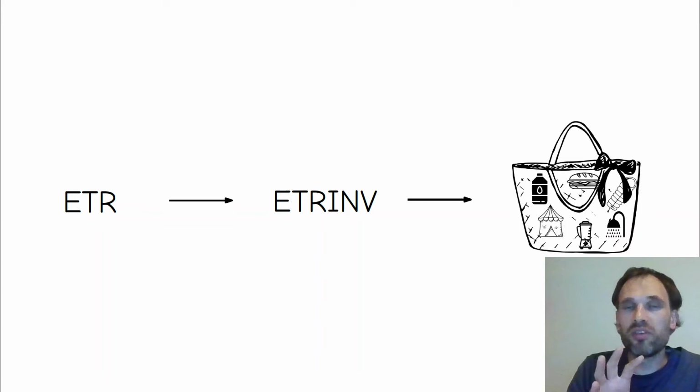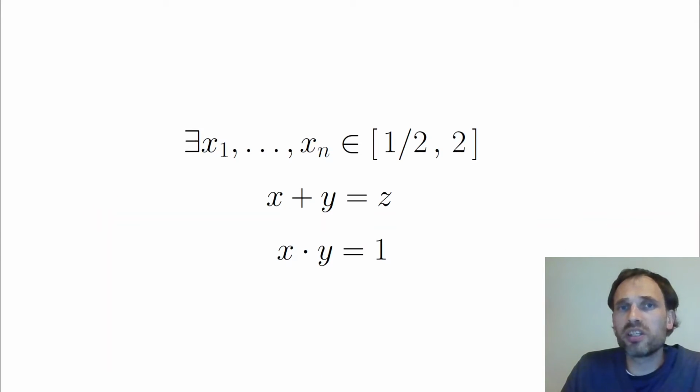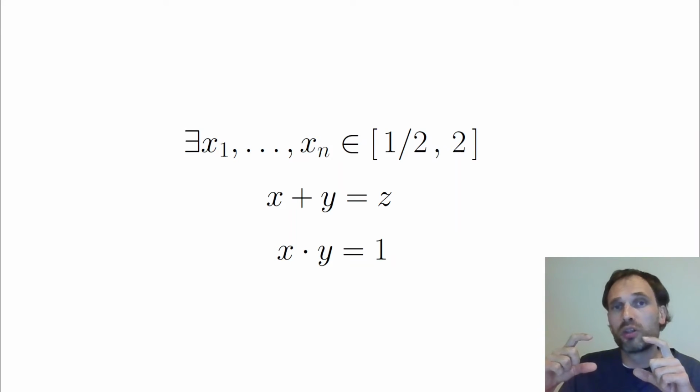For many types of reductions, we have these intermediate problems which have additional properties that we are going to use. You see this often also for PSPACE-hardness and APX-hardness reductions. So what is ETR-inf? Because in packing all our objects are in a bounded range, we also need our variables to be in some bounded range. This will be between 1/2 and 2.